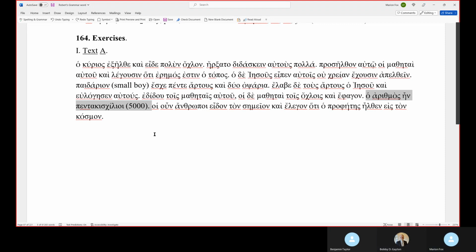Say that again. Pentakiskaloi. I was putting the wrong one on the wrong vowel.